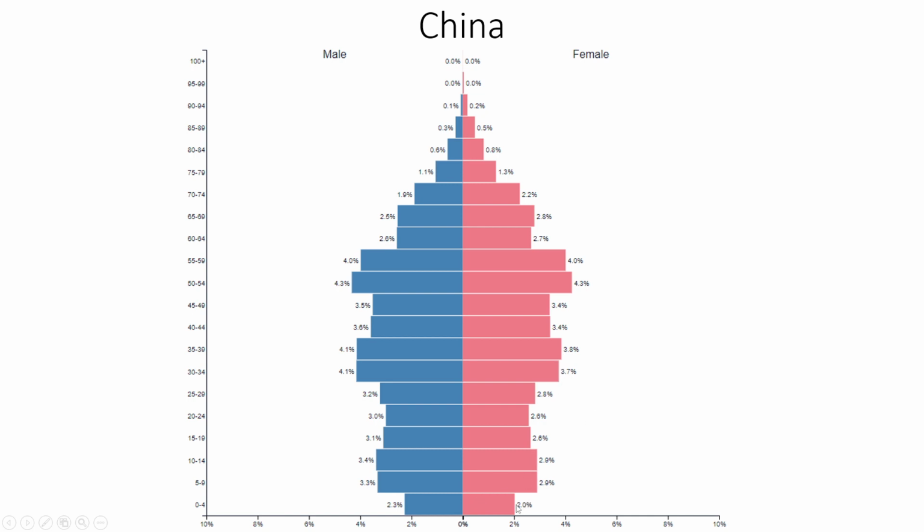We can see a really small generation of recently born, which is smaller than the next age groups, like pre-kindergartners and kindergartners. So the population of China probably will be declining in the expected future. That's the conclusion we can come to after looking at this pyramid.